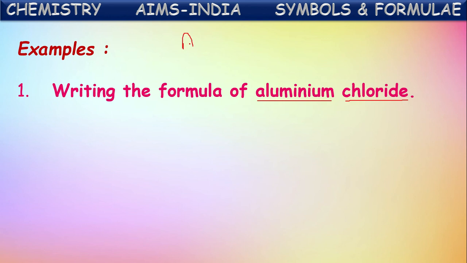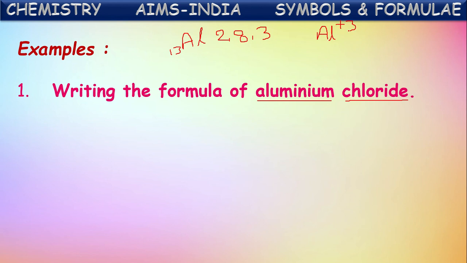We know aluminium's atomic number is 13, isn't it? So if you write the configuration, what do we get? 2, 8, 3. So in its valence shell, it has 3 electrons. To become stable, it will lose those electrons and form the Al plus 3 ion. So this is the positive ion in this molecule.